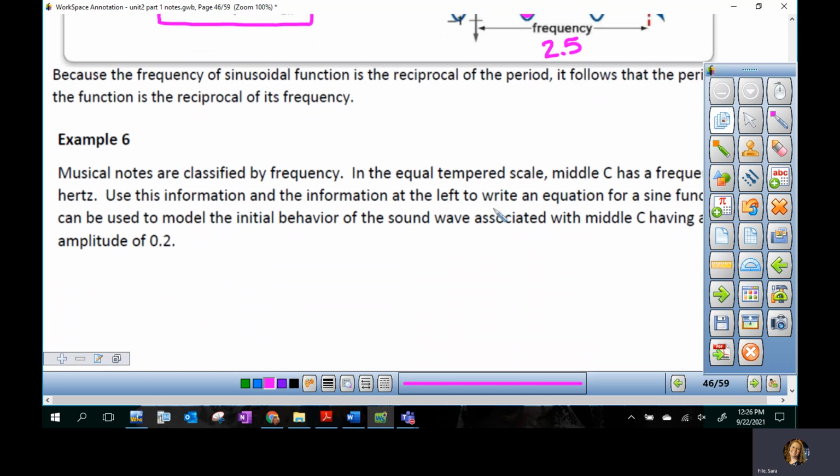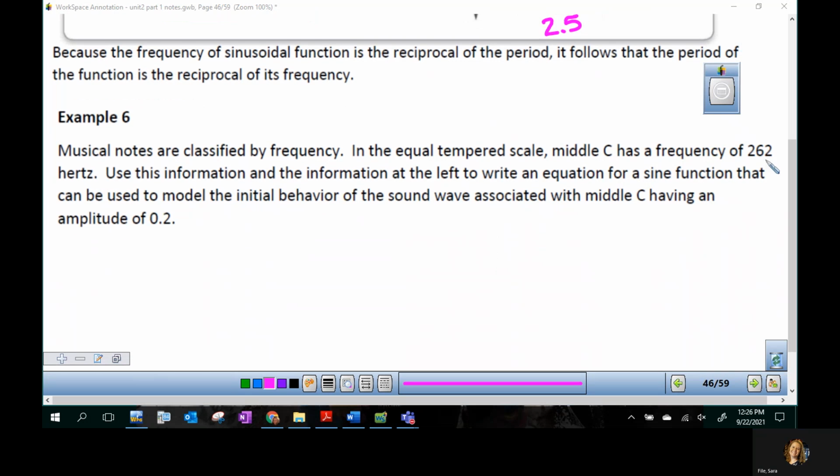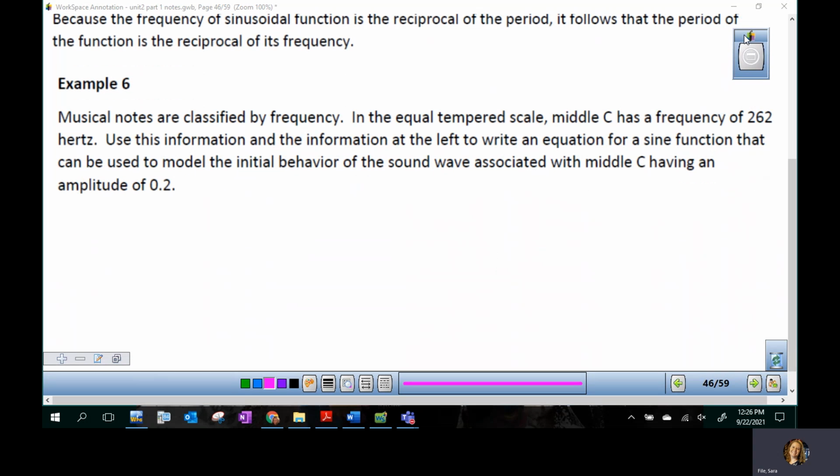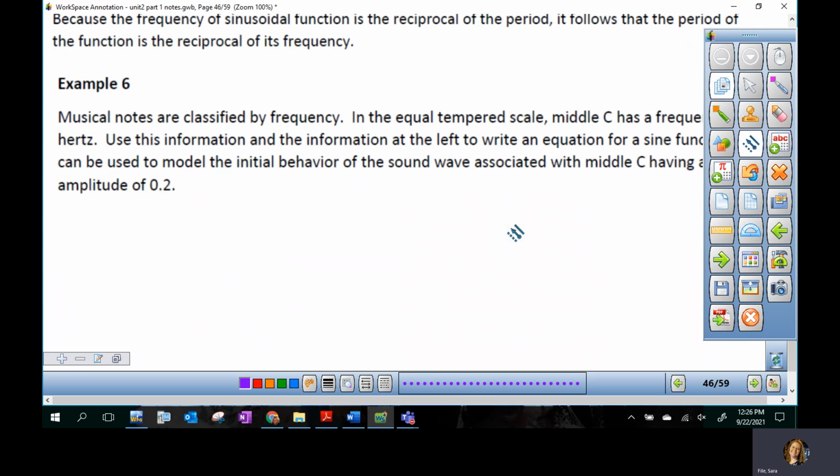All right, let's try this example here. A musical note, musical notes are classified by frequency. In an equal tempered scale, middle C has a frequency of 262 hertz. Use this information, the information above that we just talked about frequency, to write an equation for a sine function that can be used to model the initial behavior of the sound wave associated with middle C having an amplitude of 0.2.